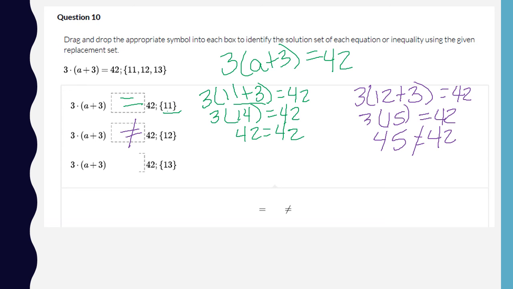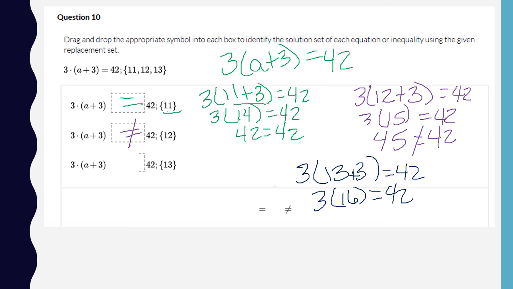And then the last one here, we've got 3 times 13 plus 3 equals 42. 13 plus 3 is 16. 16 times 3 is 48. And 48 does not equal 42.